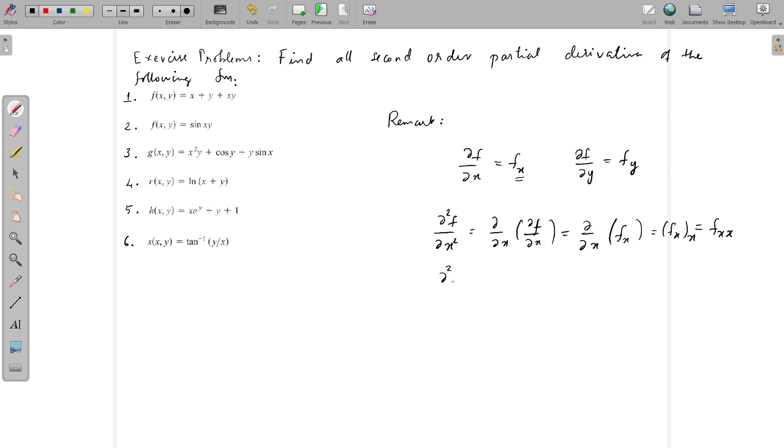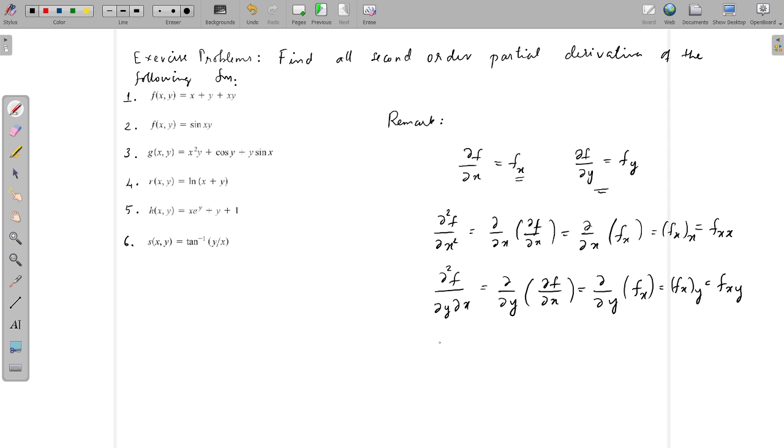Similarly, the same argument follows for d squared f by dx dy. The meaning of this is d by dy of df by dx, so this is d by dy of this function, which is fx. If you use this notation, d by dy of f is denoted by fy. So this is fxy.